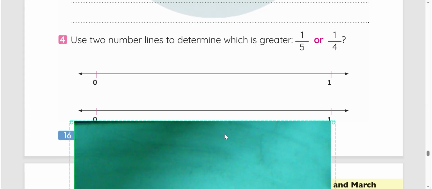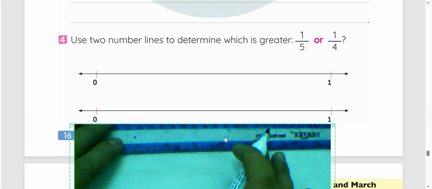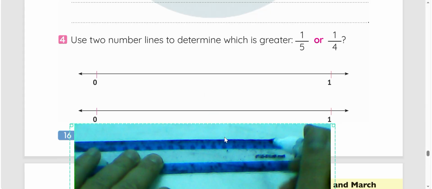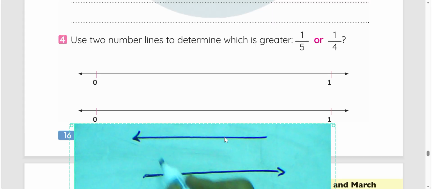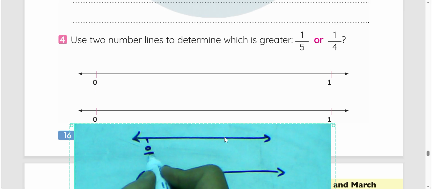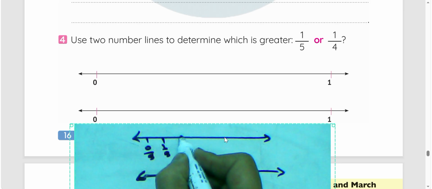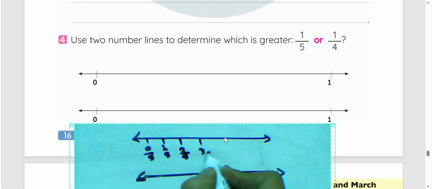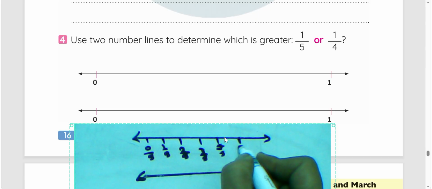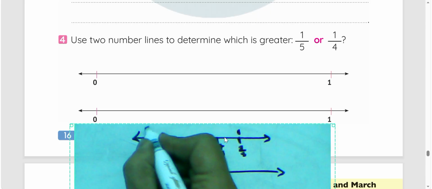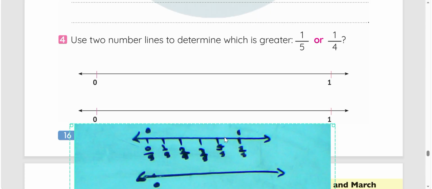We can use a number line like this, through 2 number lines. We have 1 over 5, write 0 over 5, 1 over 5, 2 over 5, 3 over 5, 4 over 5, 5 over 5 equals 1. And what about 0 over 4, 1 over 4?